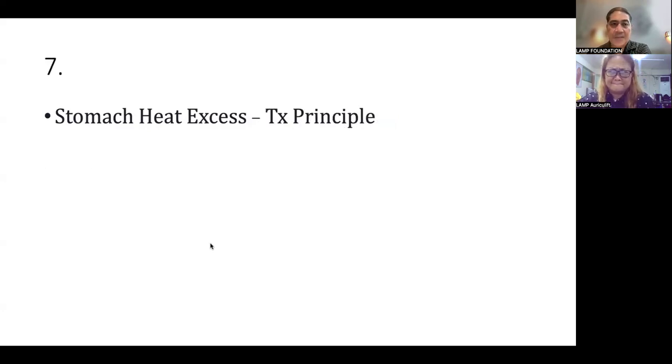Okay. Treatment principle for stomach heat excess. The principles: clear stomach heat, nourish stomach and spleen, generate fluids, regulate the middle jiao, harmonize and moisturize the intestine, address underlying deficiency.